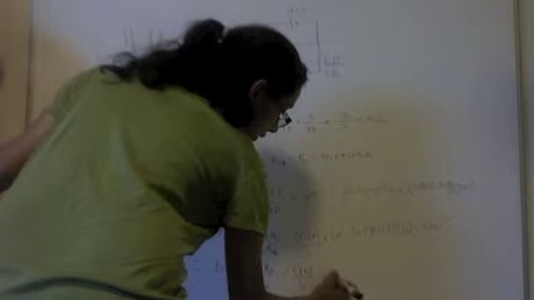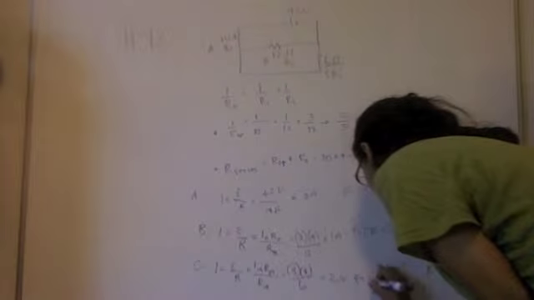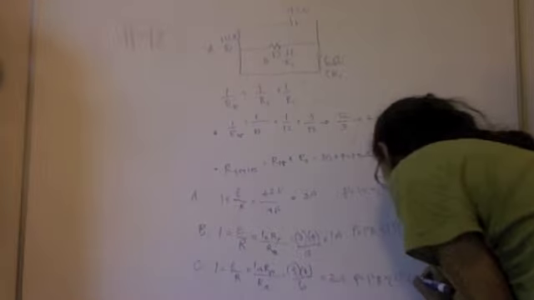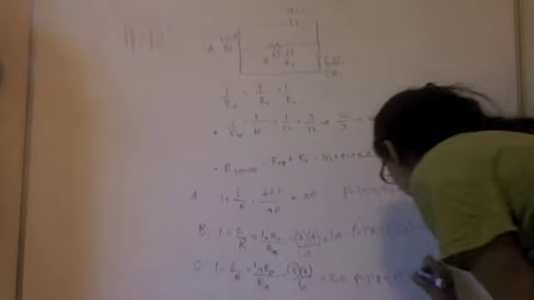So this is equal to 2 amps. And if we continue from here, P is equal to I squared R, which is 2 squared times the resistance, which is 6.